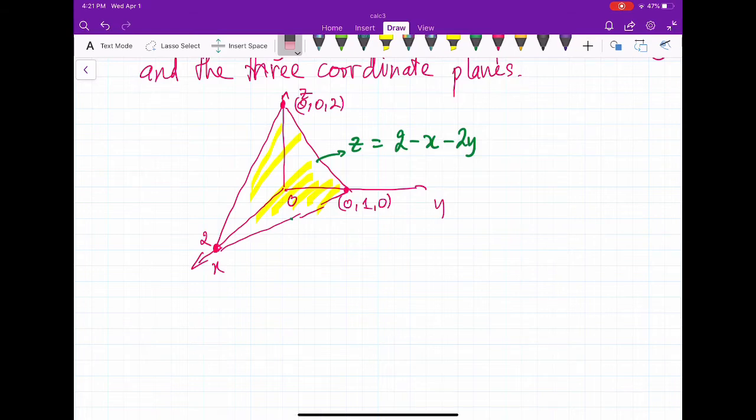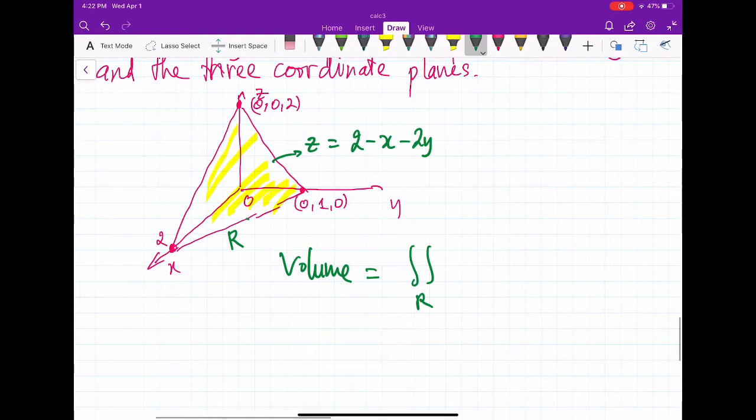The volume is equal to double integral on R, where R is triangle on the x-y plane, of the function f of x and y dA. Make sense? But what is dA in this situation? So we need to do partition and then make the Riemann sum and then integrate that. It's a very long way.